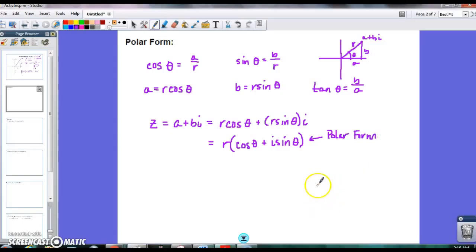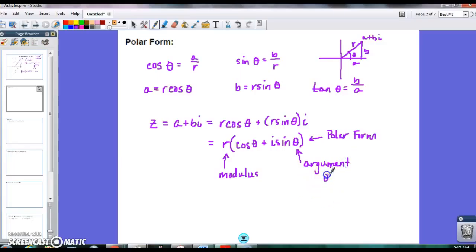Okay, that is your polar form. The r value is called your modulus, and theta is called the argument. So if you see that terminology, that's what it is.